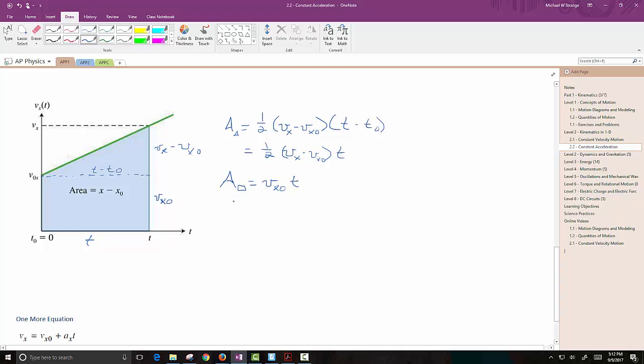So now if I add those together, the area of the triangle plus the area of the rectangle, then I get Vx naught times t plus 1/2 Vx minus Vx naught times t.